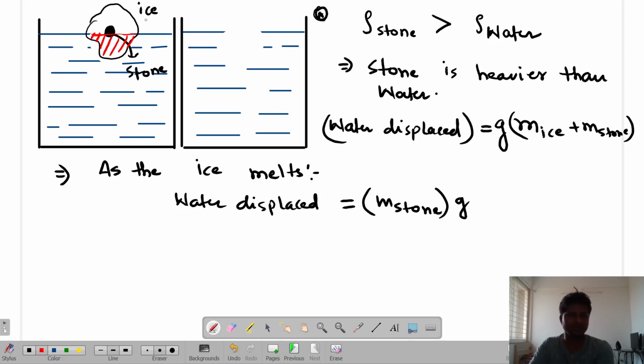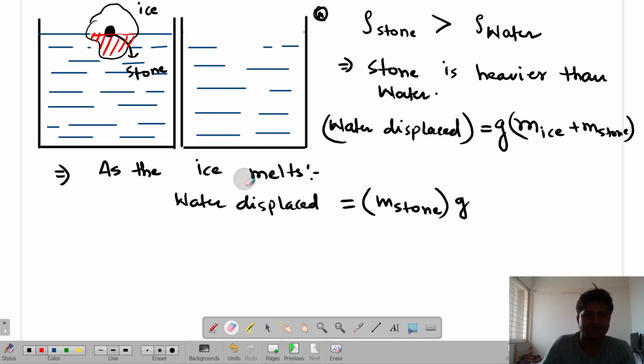At that time, the stone was trapped inside the ice, and although its mass and density were more, because of this the water level was a little higher. Now there is only the stone, so the water displacement is due to the stone, and the ice becomes part of the water level. Because the stone is very small, the water level will decrease.